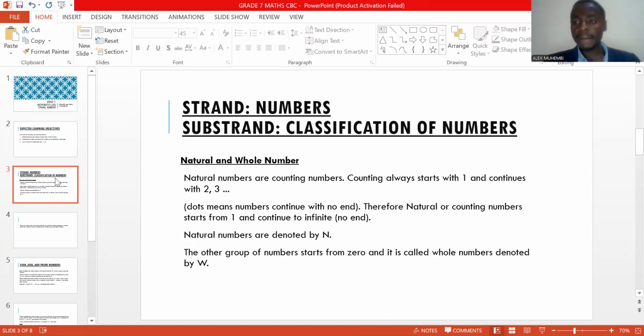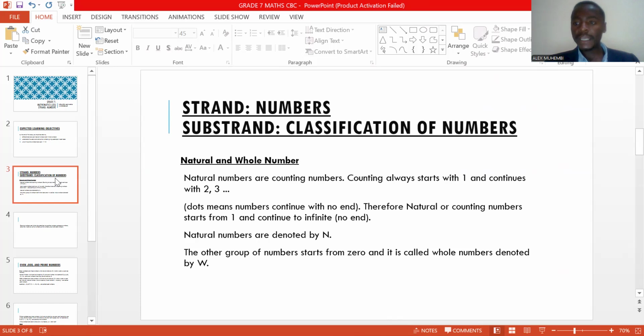We have natural numbers, whole numbers, integers, those are also numbers. We also have perfect numbers, composite numbers, odd numbers, even numbers, and prime numbers. So we will just look at a few of them. For instance, we have natural and whole numbers.